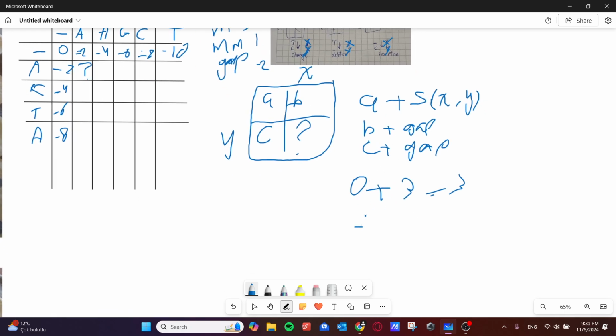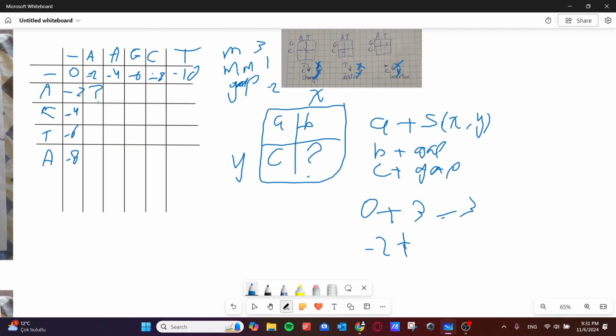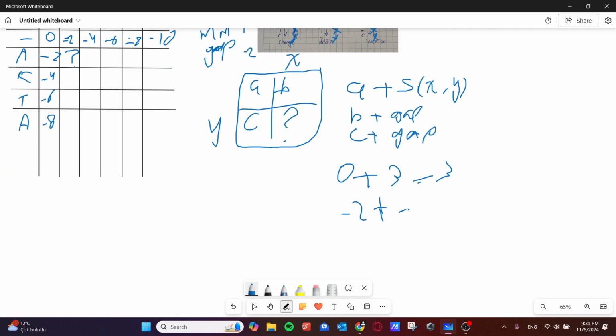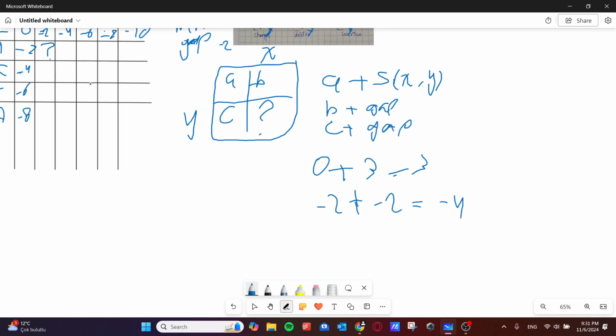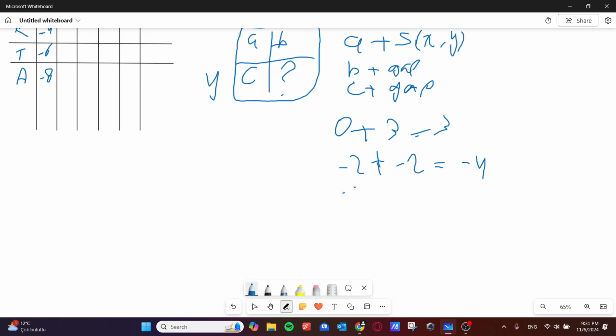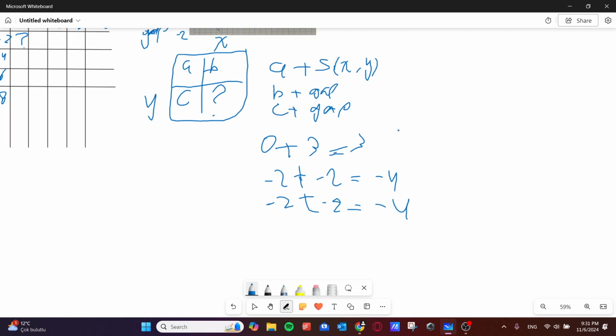Let's say here it's minus 2. B, which is minus 2, plus the gap score. Gap score is minus 2. We get minus 4. Then we have C. C is minus 2 plus minus 2, equal to minus 4. What is the max of this? The 3, right?